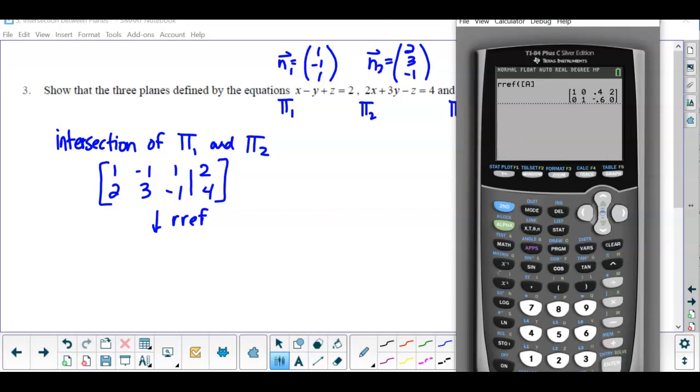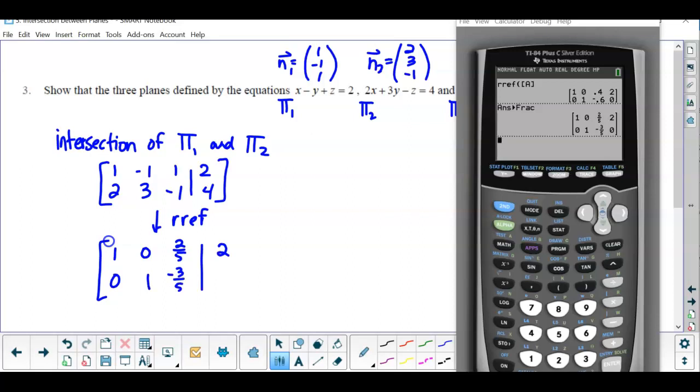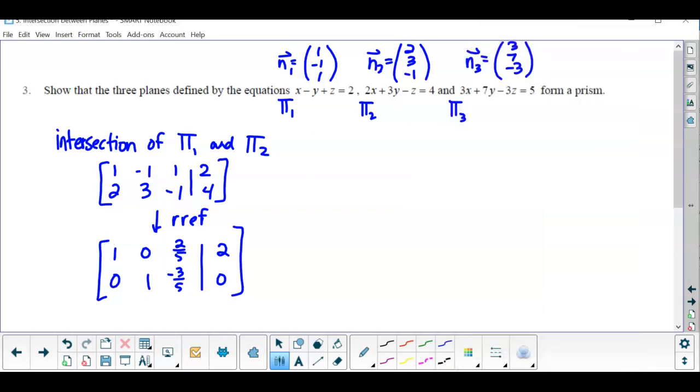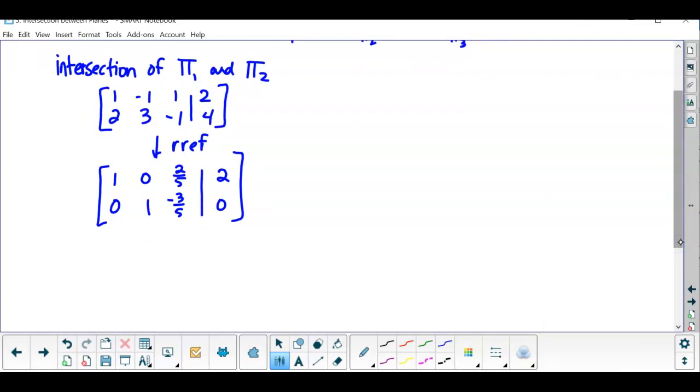And I'm going to go math back. Okay, so there are fractions in there.